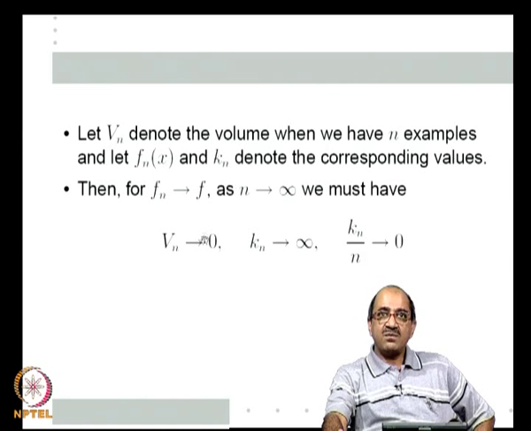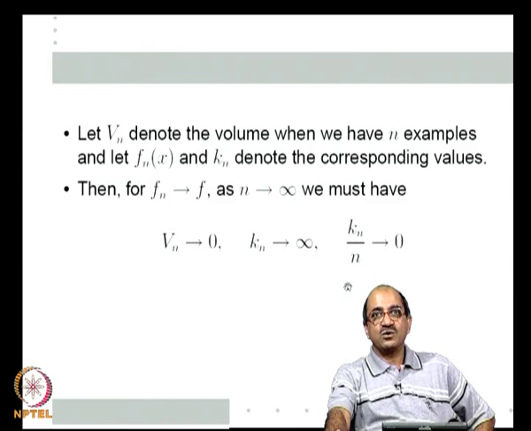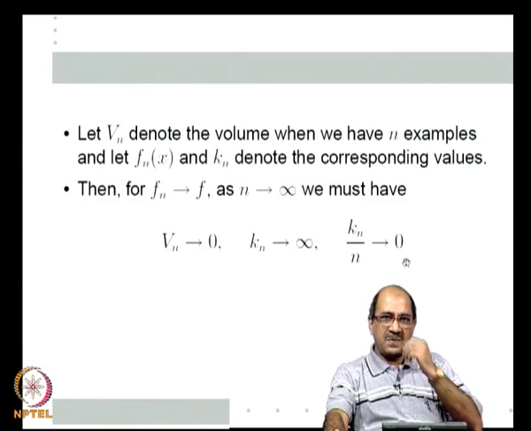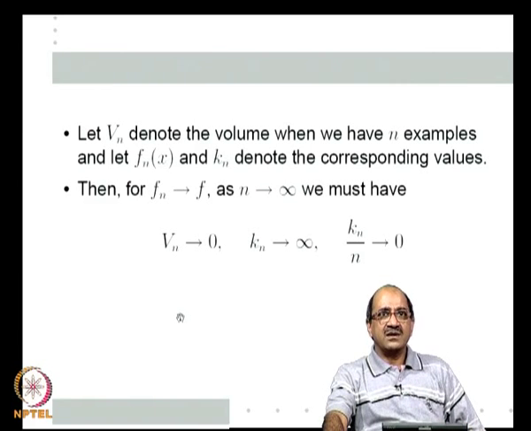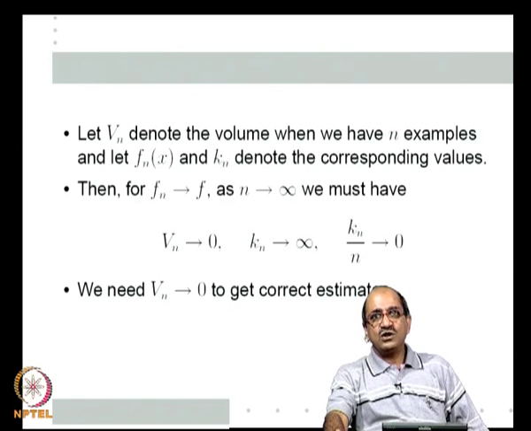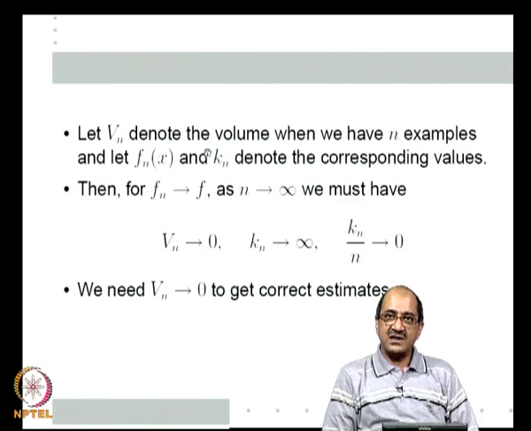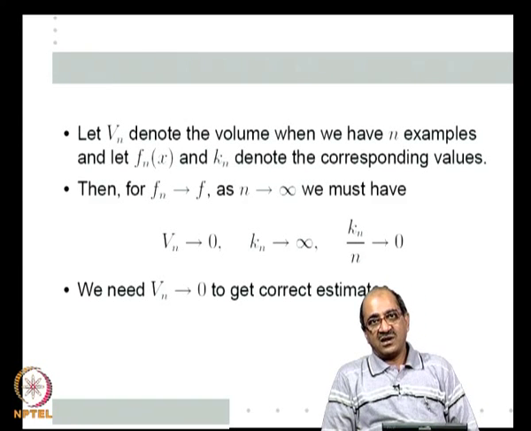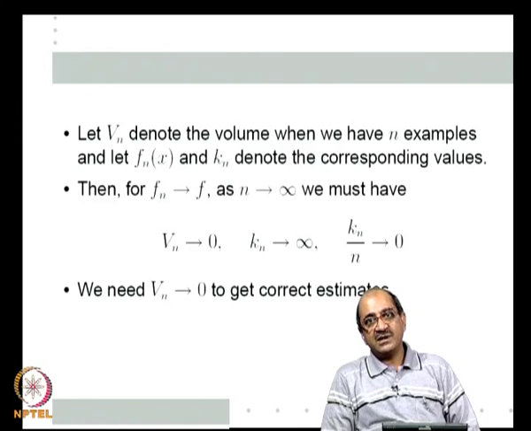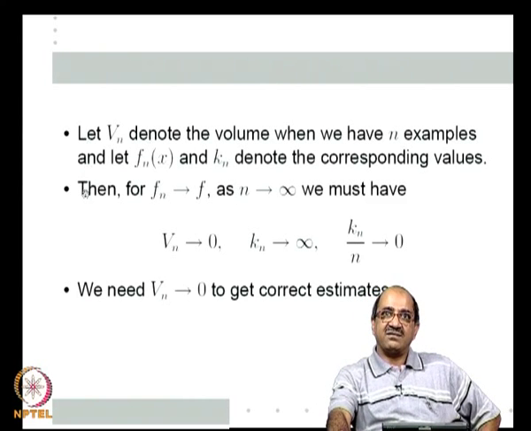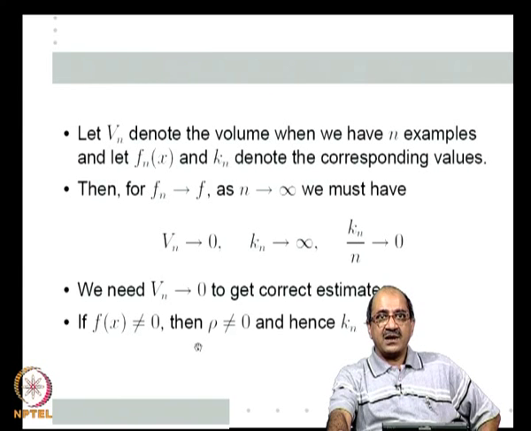The number of samples that fall in the volume element should go to infinity. However, the fraction of the number of samples that fall in the volume element has to go to 0. All are intuitive. Unless v_n goes to 0, we can't get a correct estimate, because ultimately we are assuming that f is constant over a region, and so unless the volume element shrinks to 0 in the limit, we won't get the correct value of f. So, that is very straightforward.